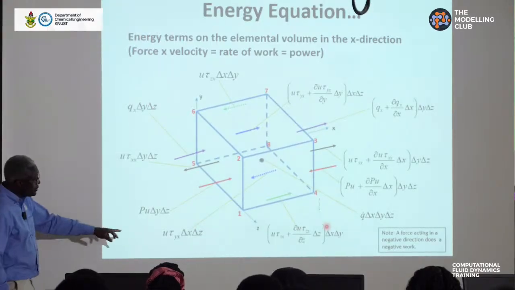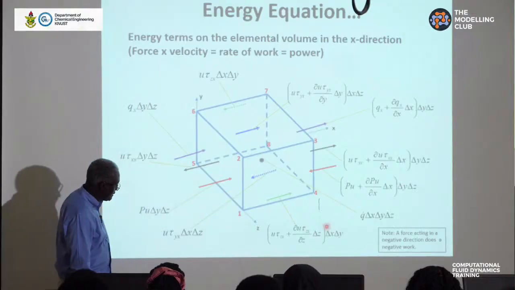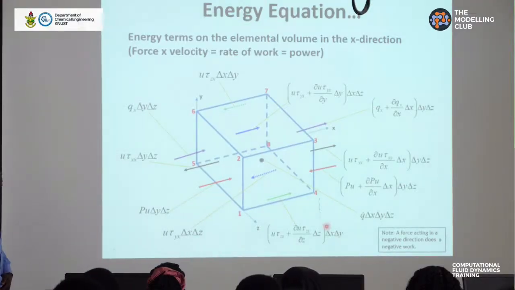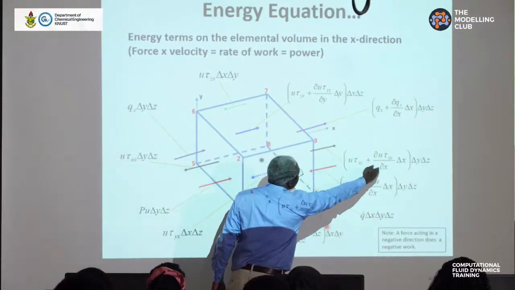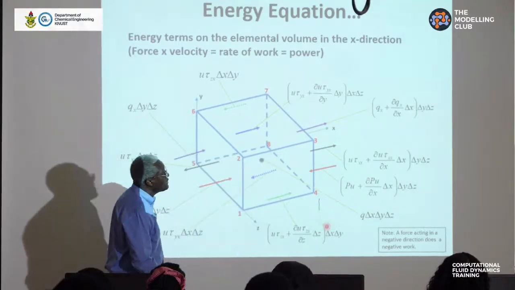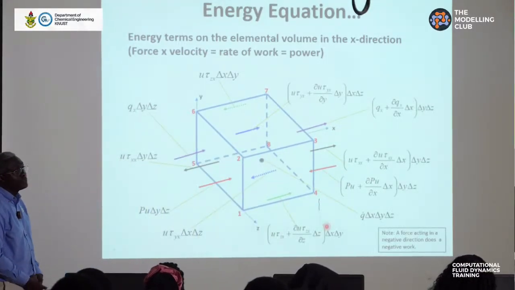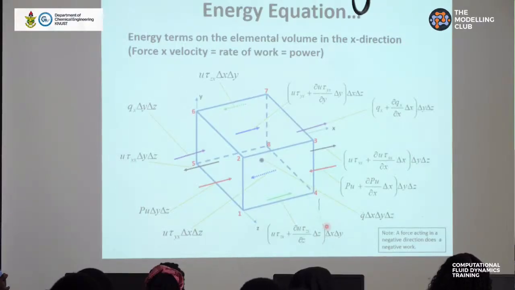And now you also have the shear component, and so on and so forth. And then, of course, on the other side, you have the differential amounts that would impact the change in energy within the control volume.